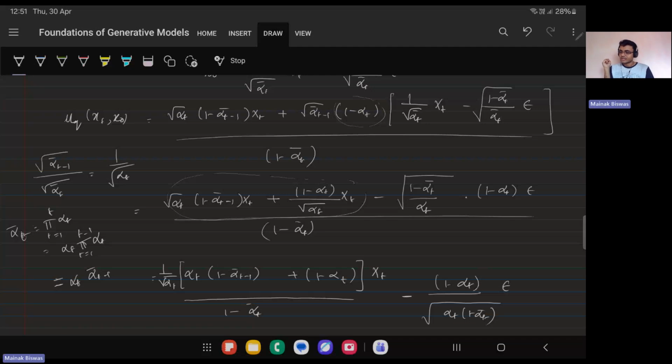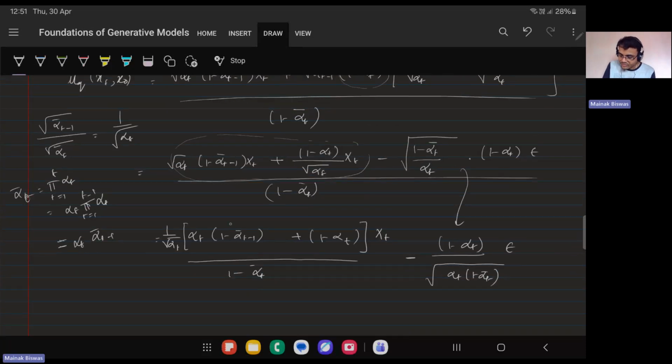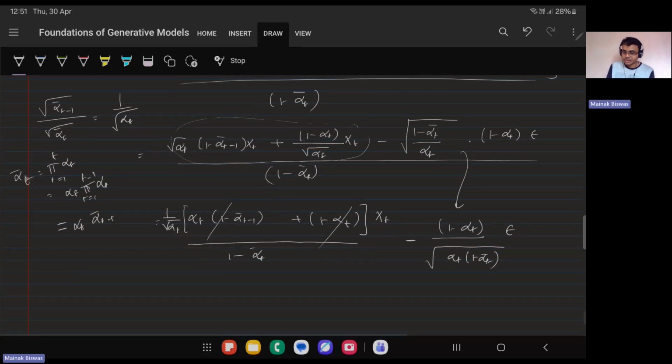No doubts? Okay, so this term comes here and this term goes over here. So I will have these terms cancelled, and I will have alpha t minus 1 bar into alpha t and 1 minus that. This is 1 minus alpha t bar.